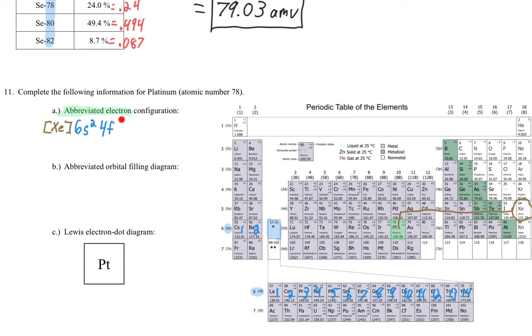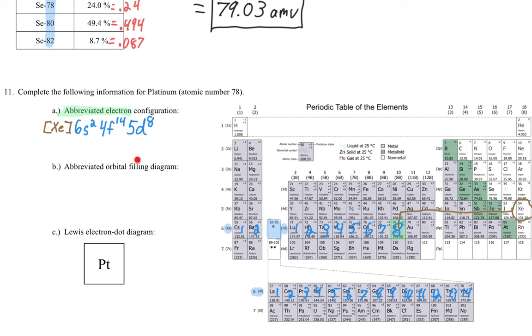So I get 4F with a 14. Now that I'm done with the F'ers, I jump back up to that big, thick D block in the middle of the table. It's 5D in this row. And I start counting 1, 2, 3, 4, 5, 6, 7. Platinum is the 8th one, so it gets 5D8. There's an abbreviated configuration.